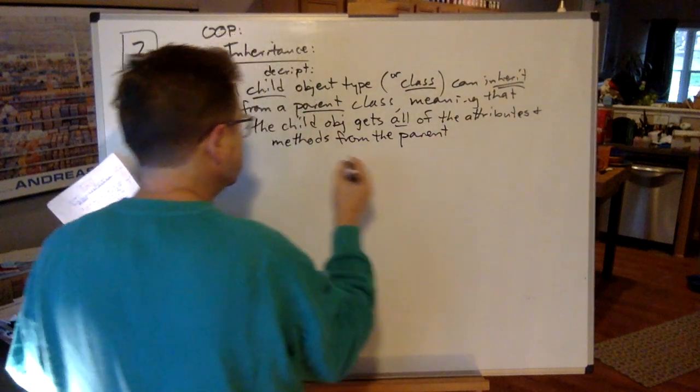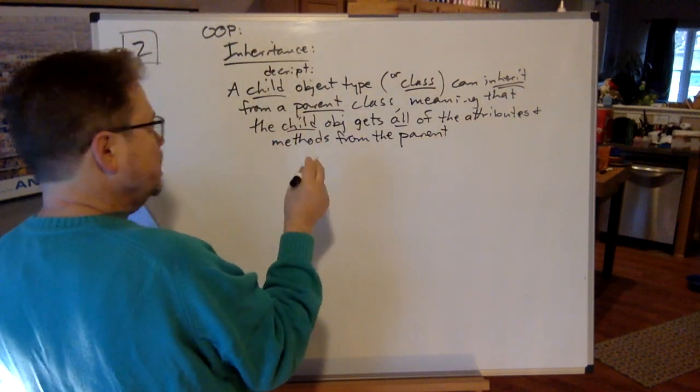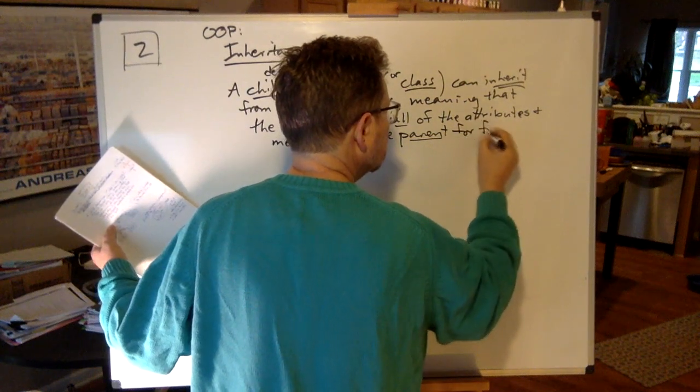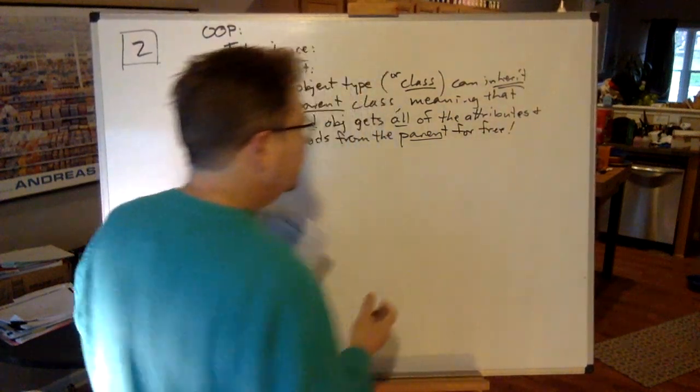I'll keep underlining those. The child object gets all the attributes and methods from the parent for free. Don't even have to pay taxes on it.